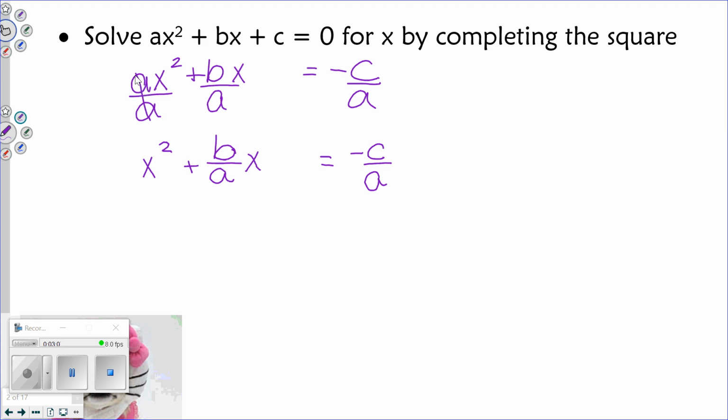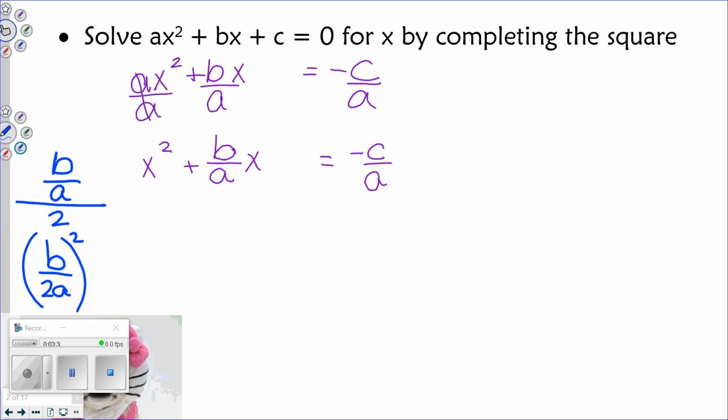Now it's the b over 2 part. So my b value was actually b over a. And if I divide that by 2, dividing fractions by 2 is the same as multiplying which part by 2? The bottom. So that's actually b over 2a. All right, dividing a fraction by 2, same as multiplying the denominator by 2.